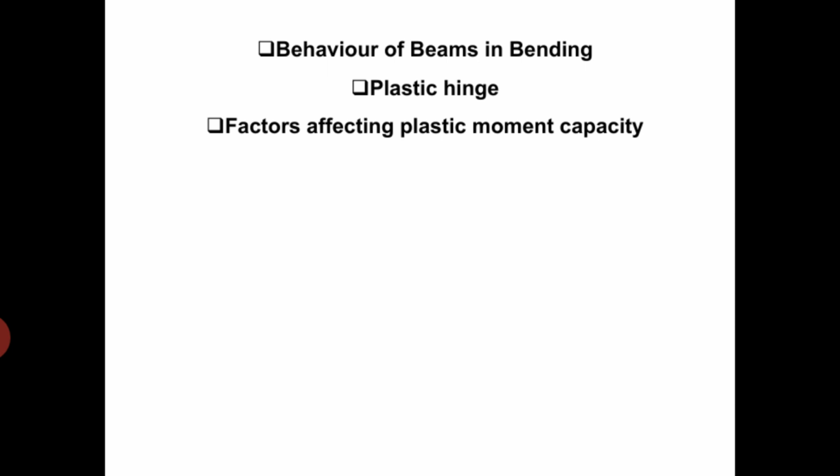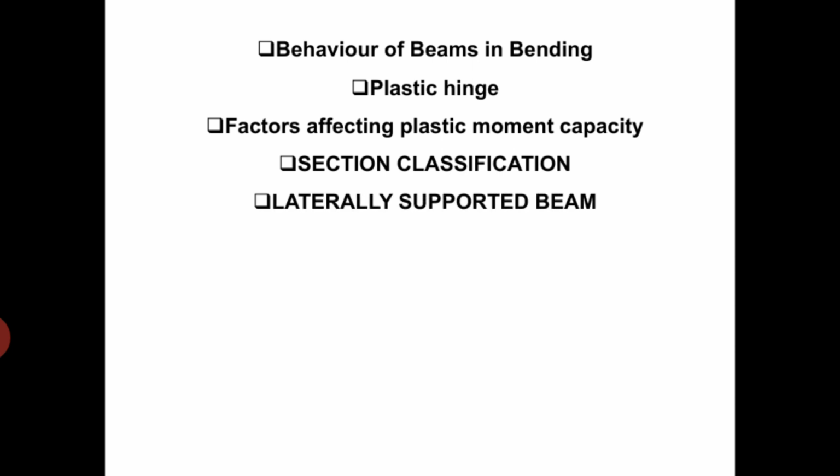In this particular lecture, I'm going to discuss section classification. This section classification depends upon the behavior of beams in bending. If you understand the behavior of beams in bending stage-wise, then you can easily understand how the sections are being classified, because it has a connectivity with the previous lecture.